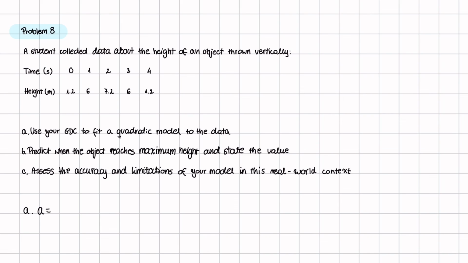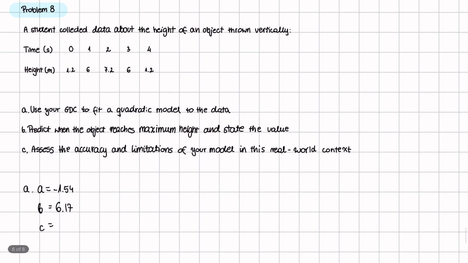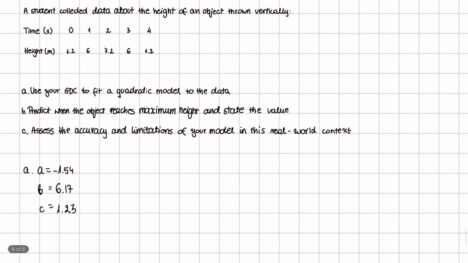So A is minus 1.54, B is 6.17, and C is 1.23. So our quadratic function is minus 1.54x squared plus 6.17x plus 1.23.